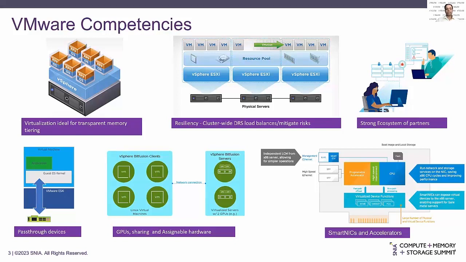Basically, the virtualization layer will completely hide all the hardware changes that are being made, and the virtualization layer at that point will just present an abstraction. Basically, it will present memory or it will present virtualized CPU, and all the applications that run on top of it can take advantage of it.